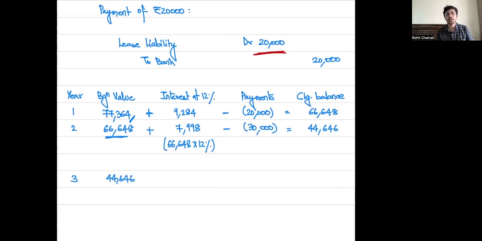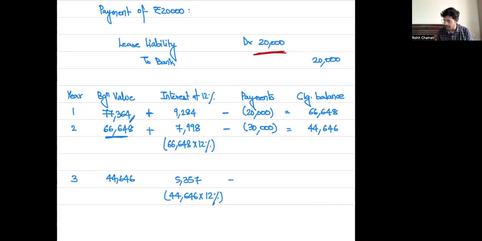Now, interest for year three will be recognized based on the principal outstanding at year three. Principal outstanding was 44,646, and therefore 12% interest will be recognized on 44,646. It's going to be 44,646 multiplied by 12 percent, which is equal to 5,357.